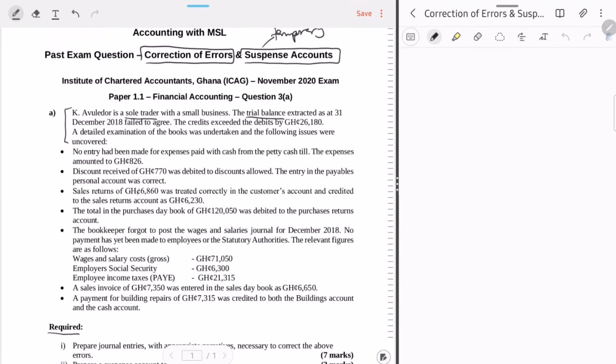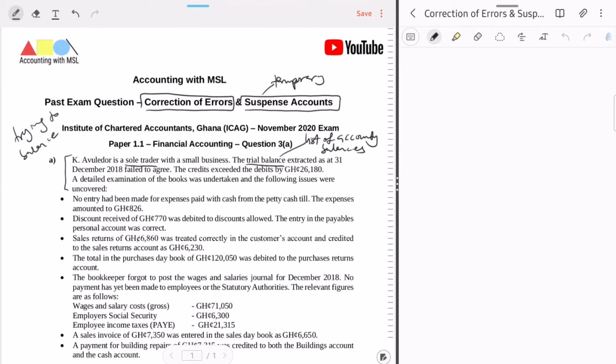A trial balance is simply a list of accounting balances. That is all. The name trial balance comes from the word trial: we are trying to balance. So it's simply a list. You create a table of some sort.